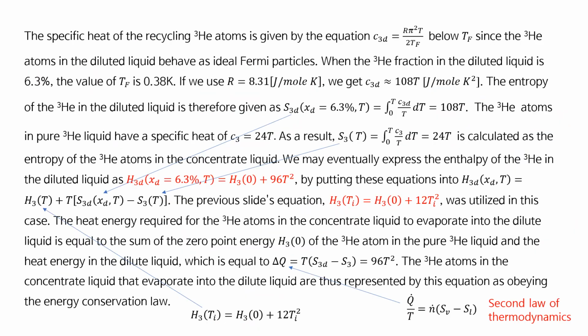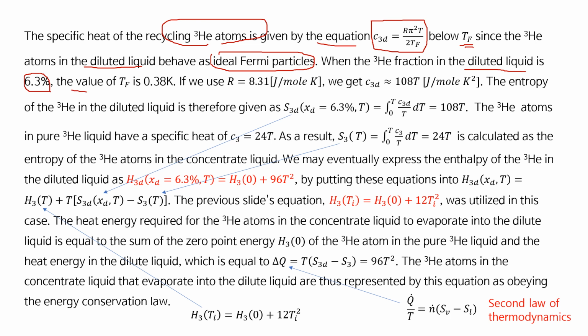The specific heat of recycling helium-3 atoms is given by this equation below TF, since the helium-3 atoms in the dilute liquid behave as ideal atomic particles. When the helium-3 fraction in the diluted liquid is 6.3%, the value of TF is 0.38 Kelvin.